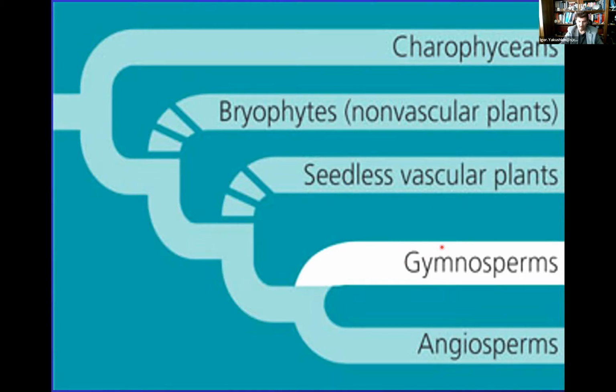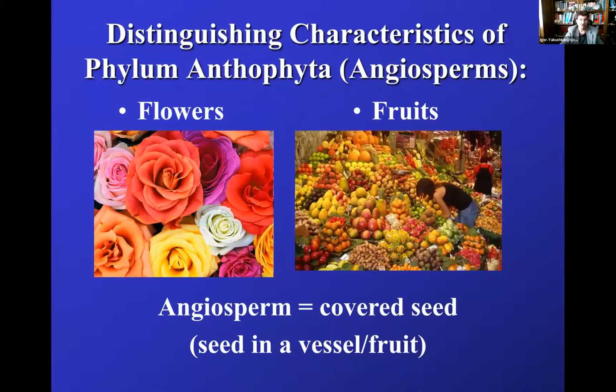And here we're looking at the gymnosperms, ancient gymnosperms, and the ancestors of the gymnosperms, modern gymnosperms, and angiosperms. And angiosperms come up with the flower and the seed, of course, and the flowers and the fruits. So the distinguishing characteristics will be the flowers, not always flashy, not always bright colored or anything like that.